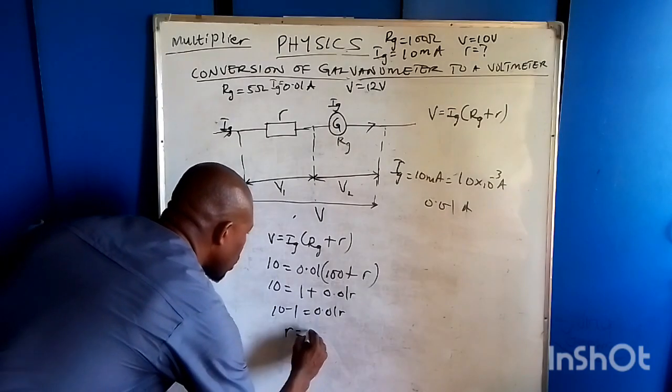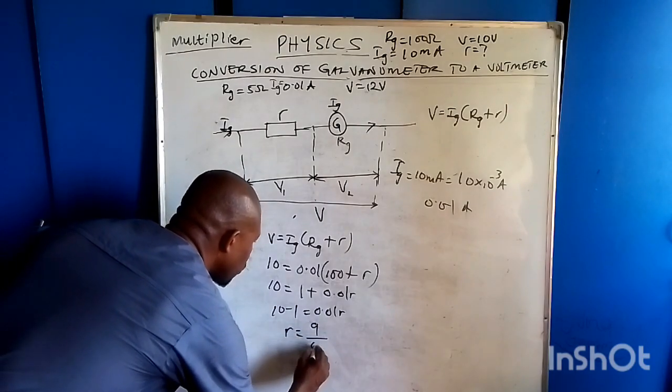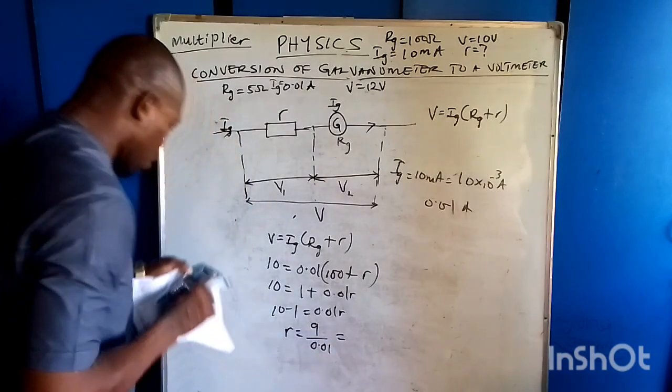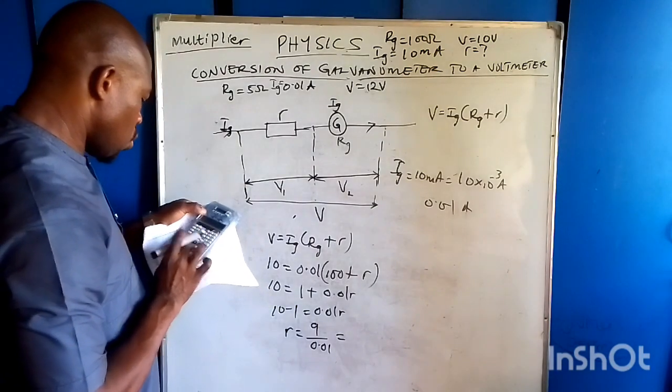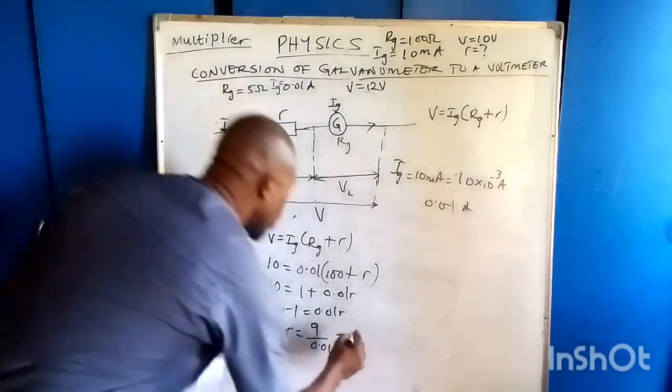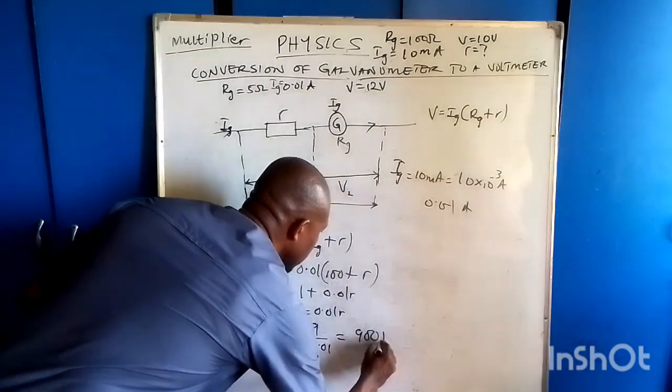R is 9 over 0.01, which gives us 900 ohms.